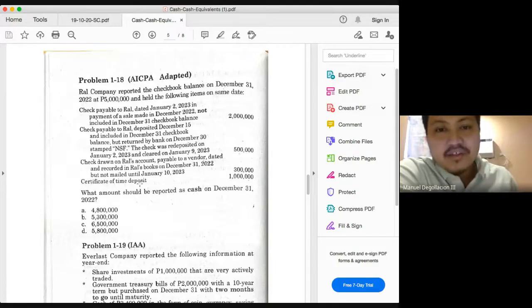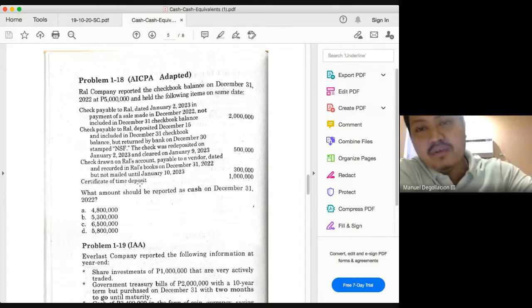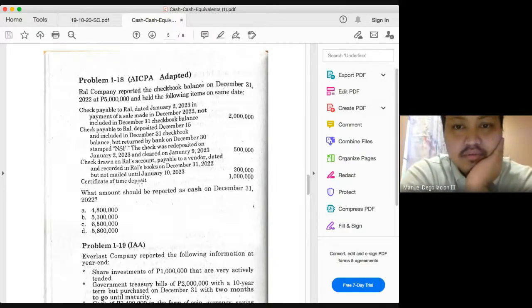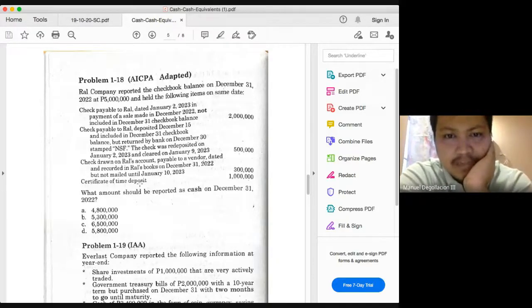Check drawn on RAL's account payable to a vendor, dated December 31, 2022 and recorded in RAL's books on December 31, 2022, but not mailed until January 10, 2023.